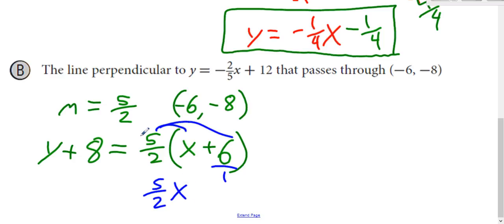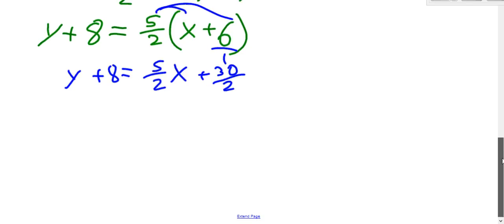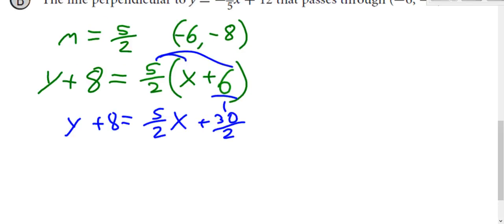Five over 2 times 6 over 1, you multiply top to top, numerator to numerator, denominator to denominator. 5 times 6 is 30 over 2. Thirty over 2 is 15.